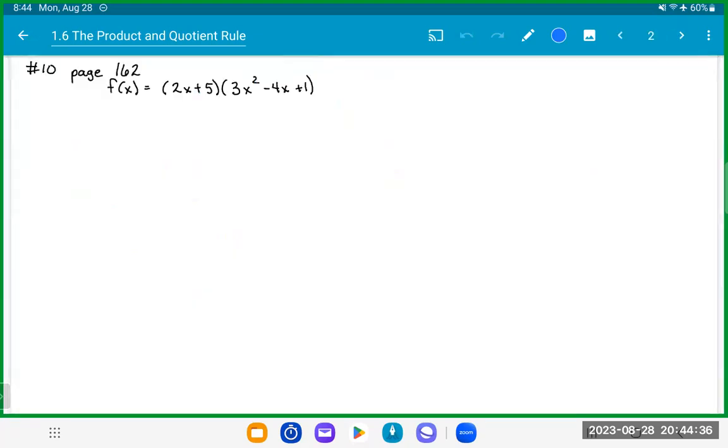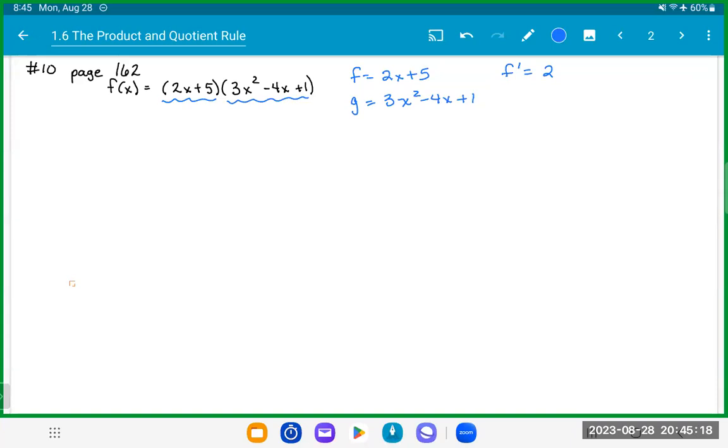All right. So here is another example where maybe this one's not as easy to multiply all of these things together and then just use the power rule, right? Maybe just saying, okay, I'm going to let F equal the first thing and G equal the second thing, right? So my derivative of F, the derivative of 2x is 2, plus the derivative of 5 is 0, so that's just 2.